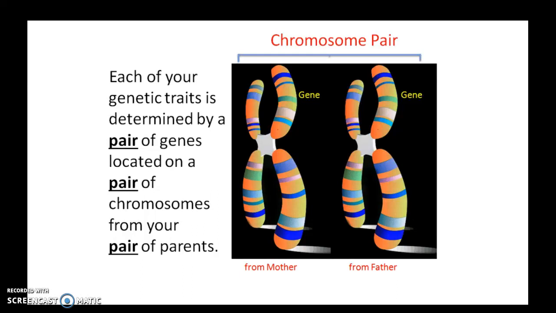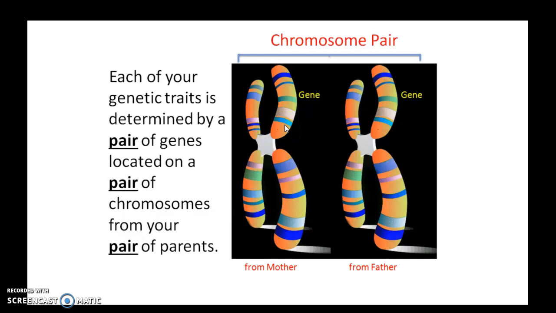For each of your genetic traits, you have a pair of genes located on a pair of chromosomes from your pair of parents. So looking at the picture over here, we have a chromosome that you've gotten from mom and a chromosome you've gotten from dad when you were conceived, if you will. These chromosomes look identical, and they only look identical because they have the same types of genes on them.